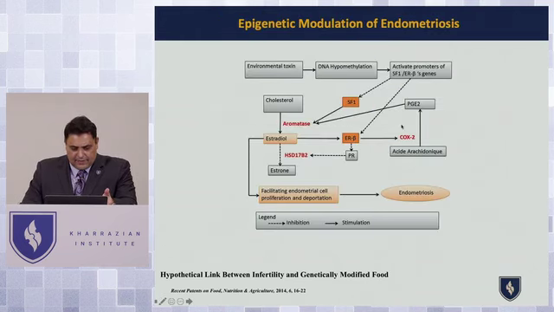Here you can see in this diagram prostaglandin E2 receptors. Prostaglandin E2 receptors turn on the inflammatory cascade, and it disrupts endometrial cell activation, promotes pro-inflammatory responses, and then those things impact endometrial functions.